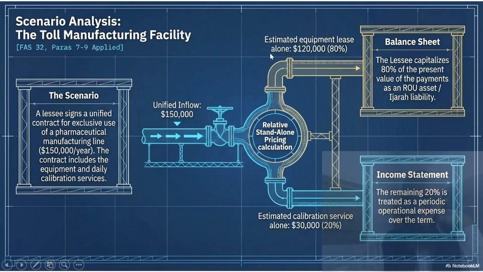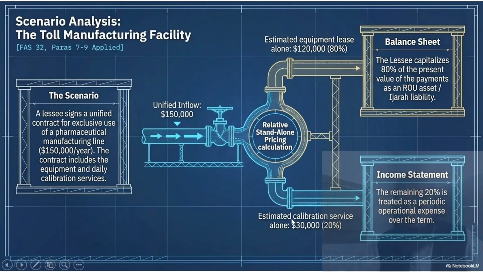If the standalone market prices are 120 and 30, coincidentally 120 plus 30 is 150, but it's not necessary, it can be 140, it can be 70. So we will divide the 150 in this ratio, and the Ijara component will be accounted for as per the Ijara accounting rule: the right of use asset will be debited, and the lease liability, Ijara liability, will be recorded. At what amount, it's coming in the next slide.